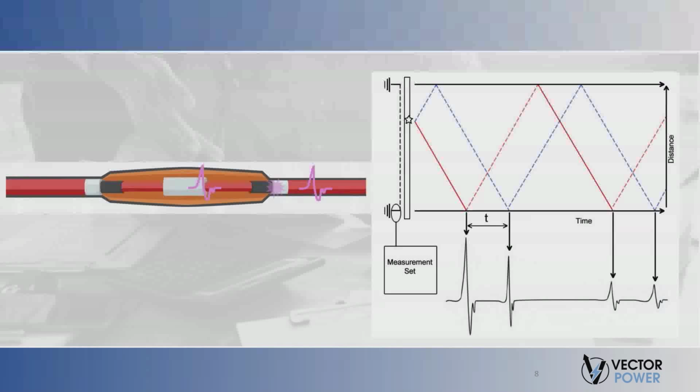When a PD event occurs, it generates an electromagnetic pulse that travels as waves through the shielded cable system, which functions as a waveguide.